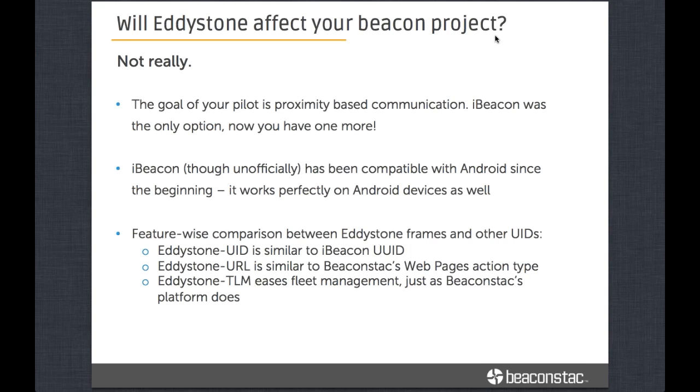Now, having said that, the third thing is a natural question, and I've heard this before. Oh, iBeacon transmits only one frame, and Eddystone has 3 frames. Yes, that's a fair point. But in reality, the only truly different frame available from Eddystone, which is not available from the iBeacon frame, is the URL frame.